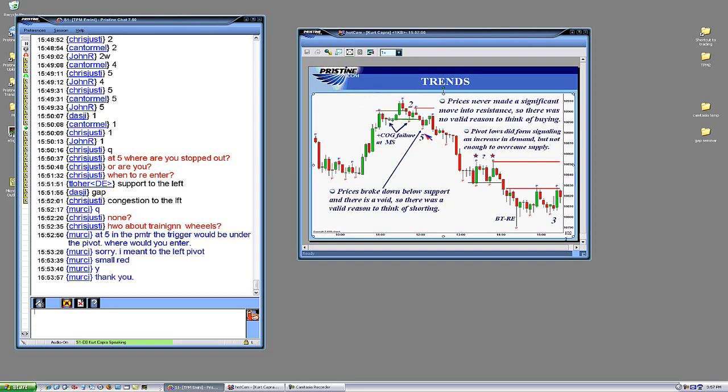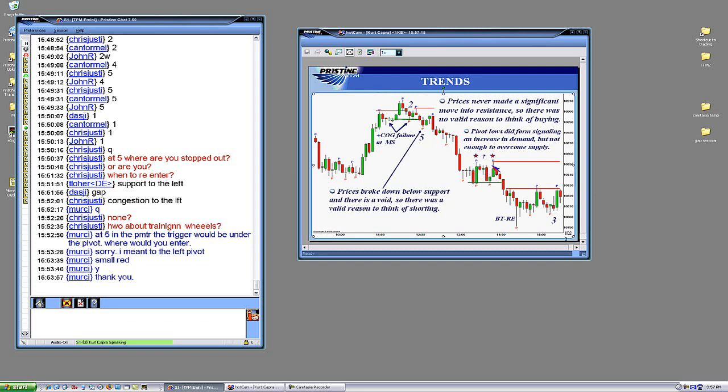It's just a question of whether or not we would get our pattern to give us an entry into this. Now, after this accelerated move down, which created a void back up, prices tried to move higher.